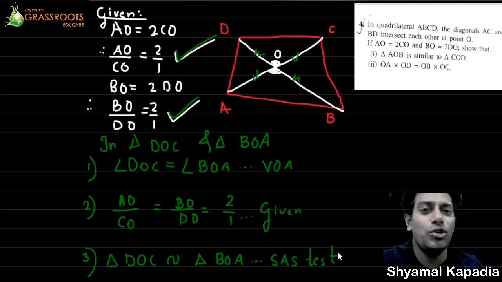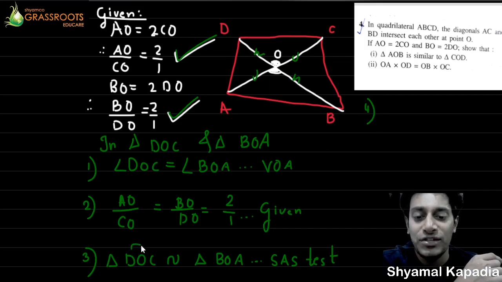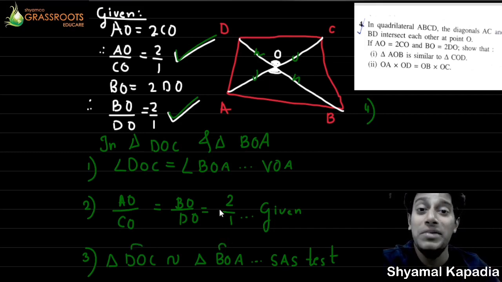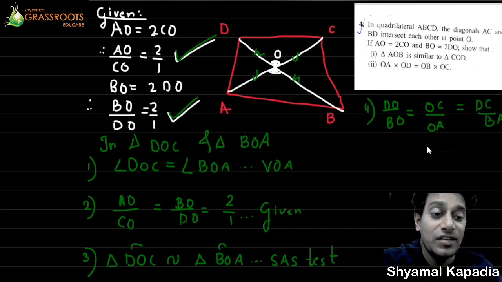After the test, what do we write? Katha. If you forget this, I'll cancel your admission. Fourth, the first two is DO and out here it's BO. So DO upon BO is equal to OC upon OA is equal to DC upon BA. And the reason for this is CSSTP. Now check what you need.